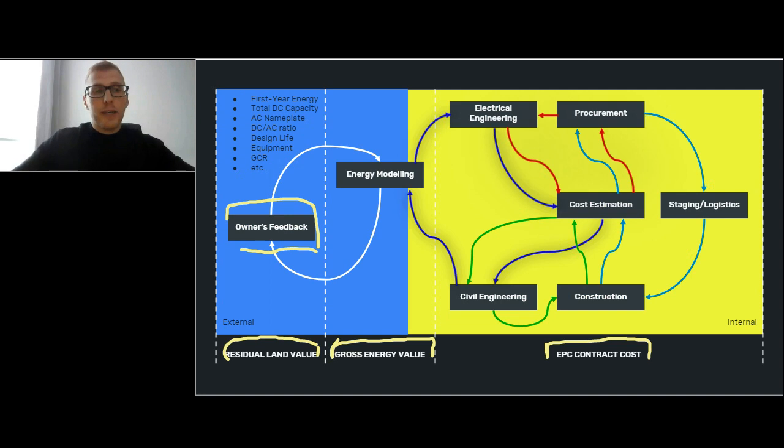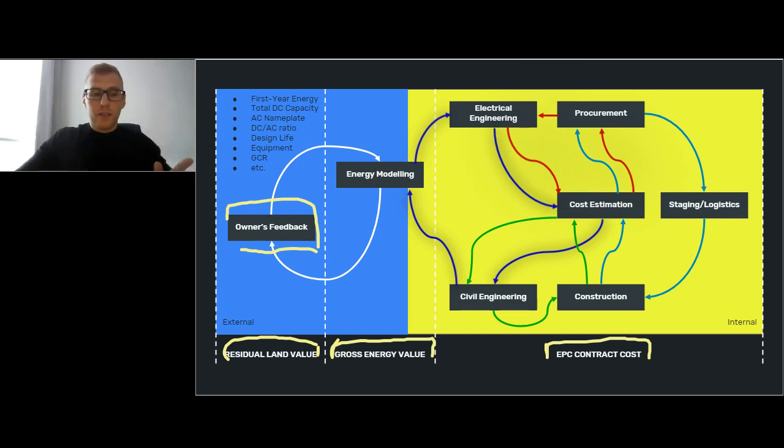So basically, let's say this is the place where the external owner or developer meets the EPC contractor. Typically, the owner has a parcel of land in mind. They already started to gather some information about the site. So they did some feasibility study, maybe found some funding or loan to build a PV farm, right?